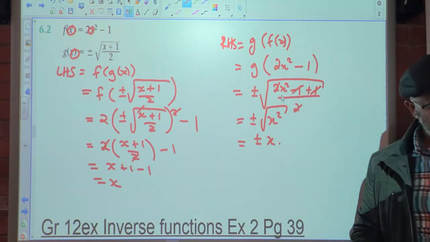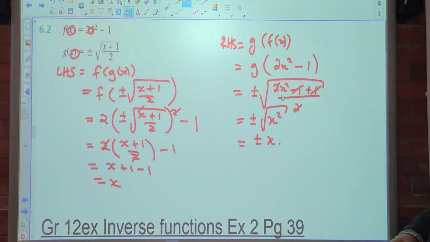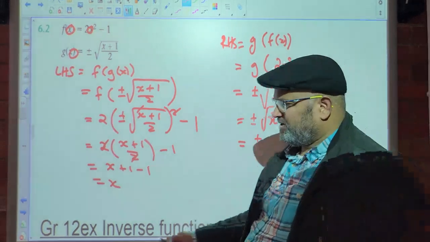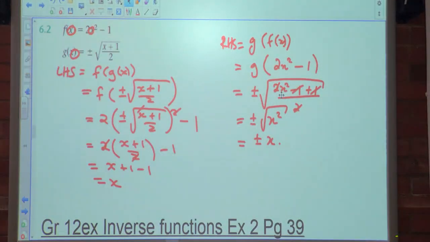Let's check what's the answer at the back. I would assume they would have wanted x on both sides. The positive one would be the x, but the negative is the one that's the problem.